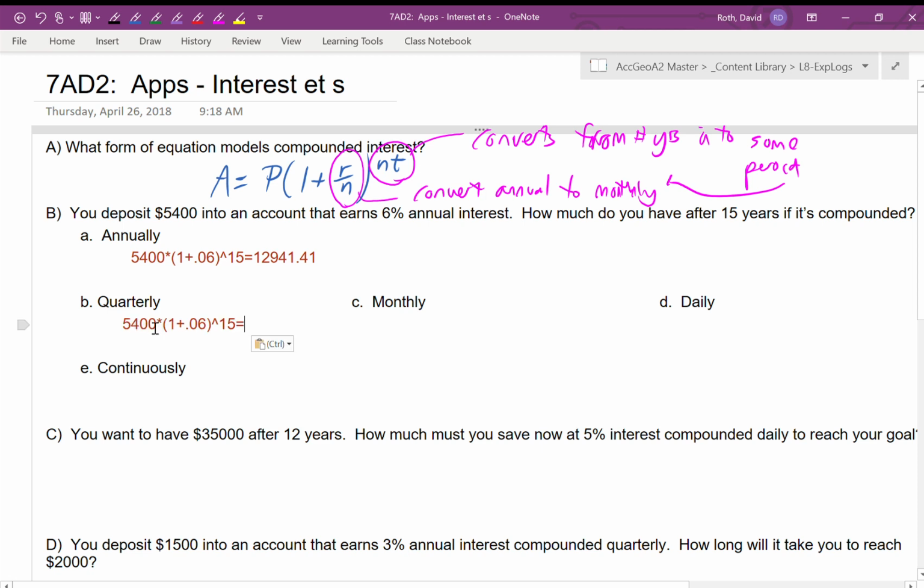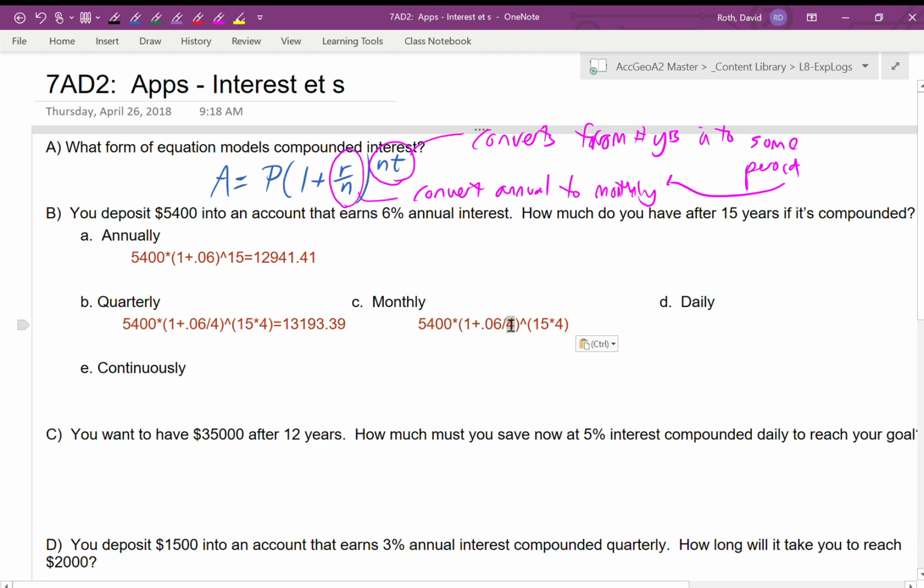And this one is changing into quarterly, so it's divided by 4. This one's raised to the 15 times 4 equals, yep, that looks right. Round that up to 9. Copy this portion of it. Come over here.